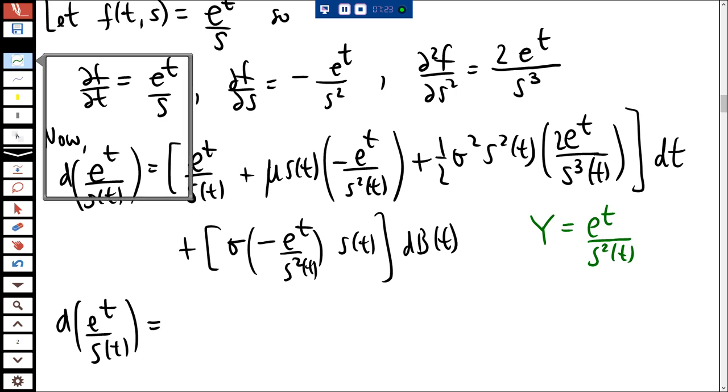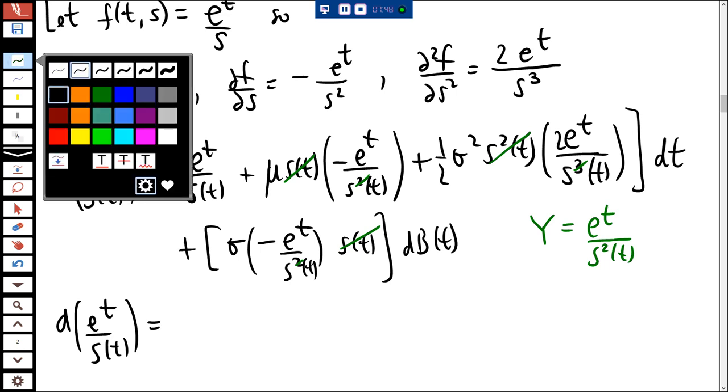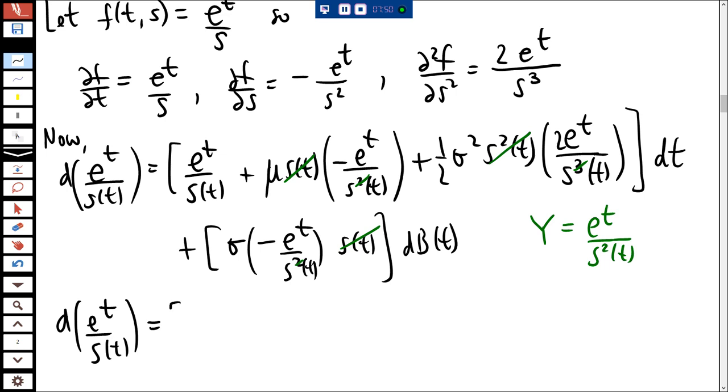So this is what I need to be aware of, so I can put this in various places. Okay, I'm going to cancel one of those, cancel those, cancel those. Oh, that's handy. I've got e to the t over s of t appearing in many places. So this term factorizes, this comes out as a factor.